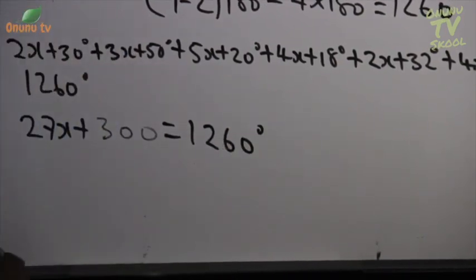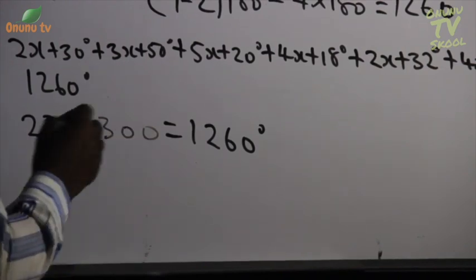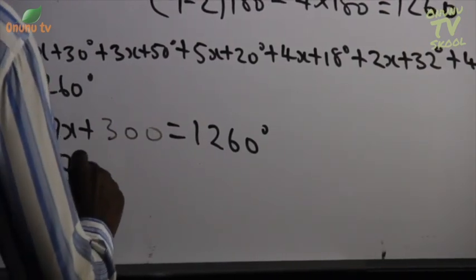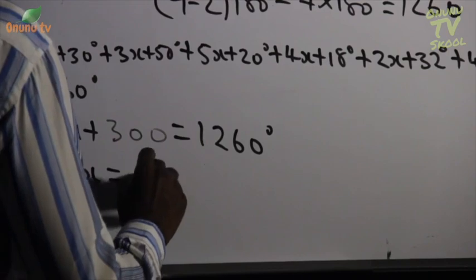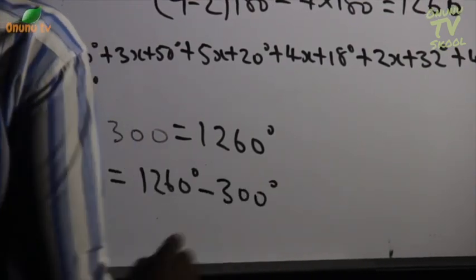1,260 degrees. Yes. So now we collect like terms. We see that 27x equals 1,260 degrees minus 300 degrees.